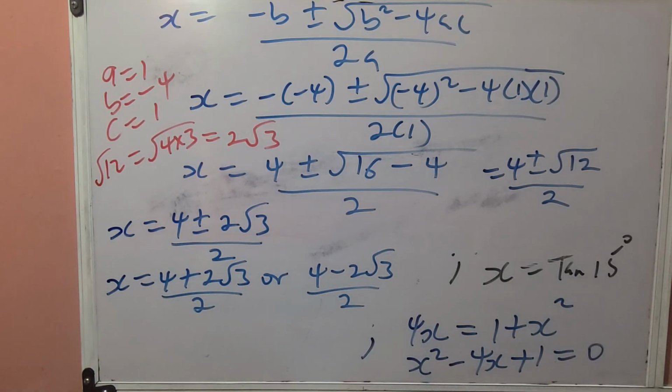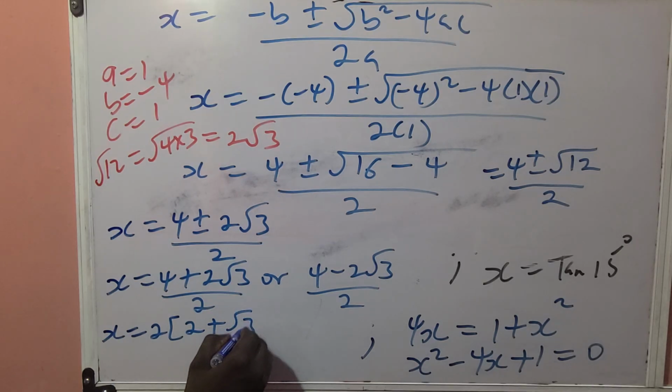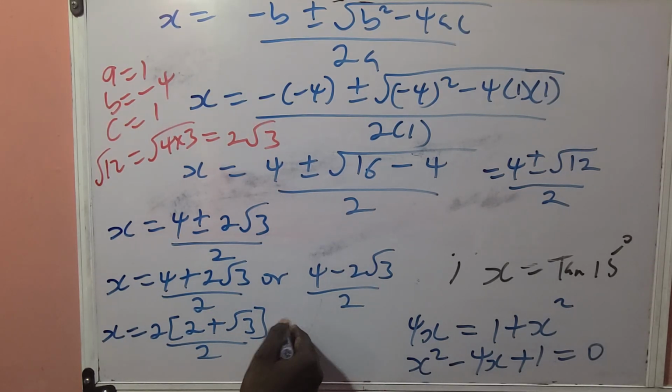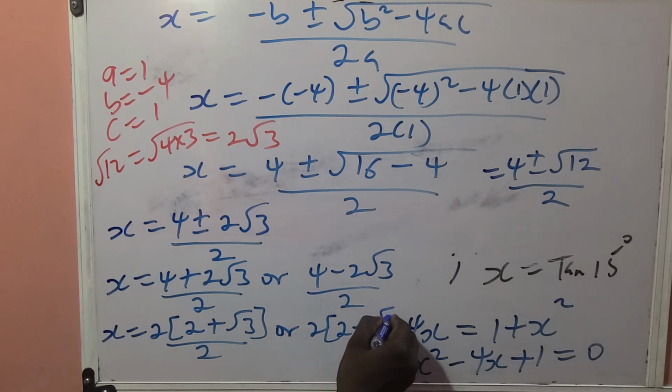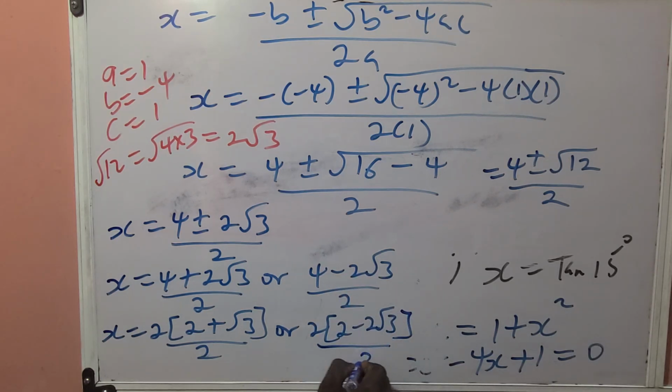Of course, you can see that we can bring out a factor of 2 outside, so we can have our x being 2 into bracket 2 plus root 3, over 2, or we have it as 2 into bracket 2 minus root 3, everything over 2. By doing this, I can easily cut off the 2.